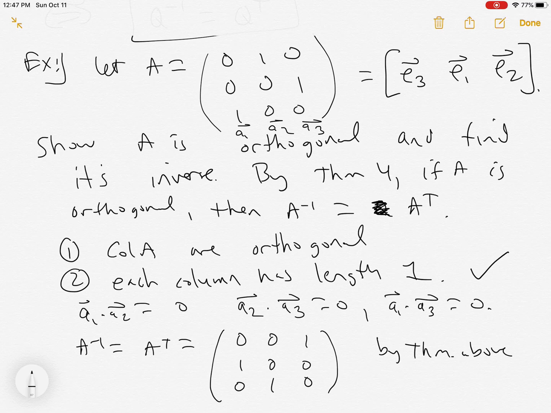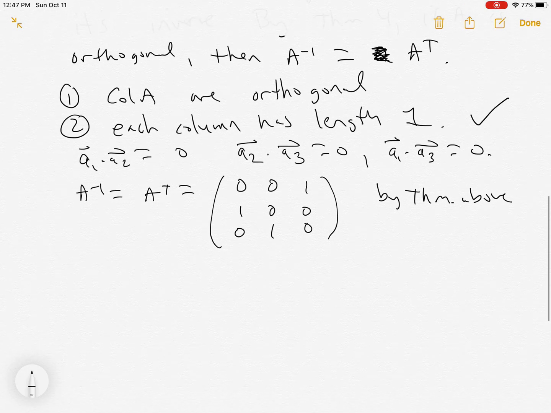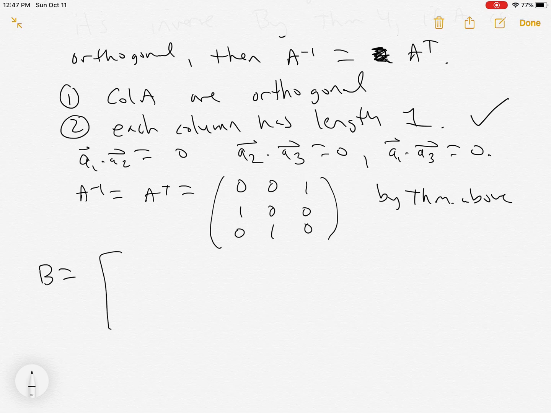It's kind of a trivial example, and so let's look at another one here. Let B be this rotation matrix. Cosine theta, sine theta, minus sine theta, cosine theta, right?